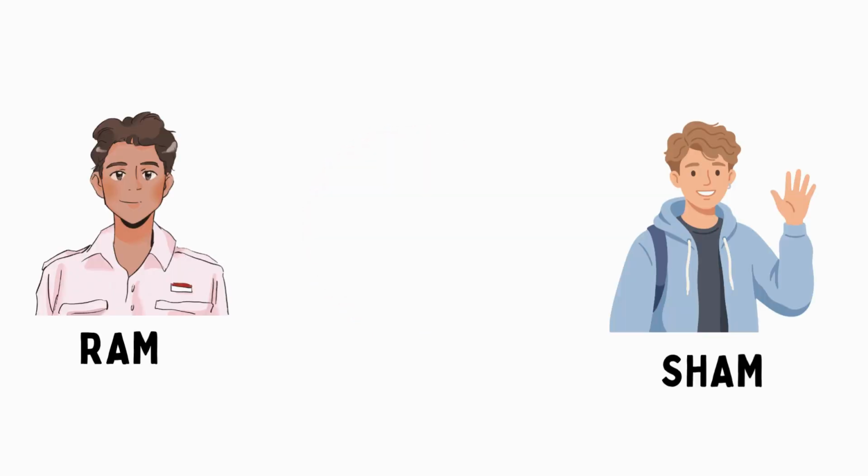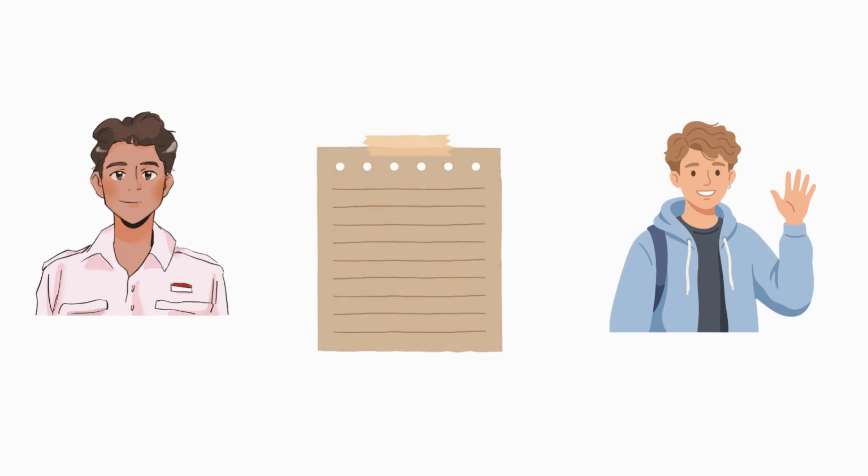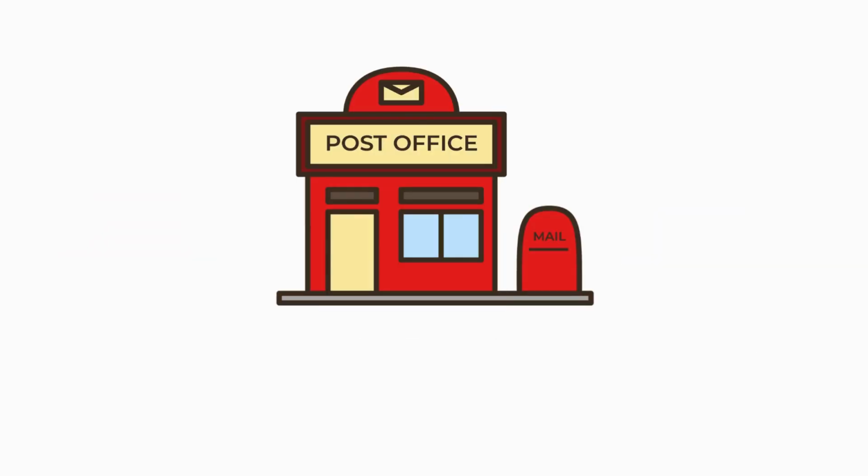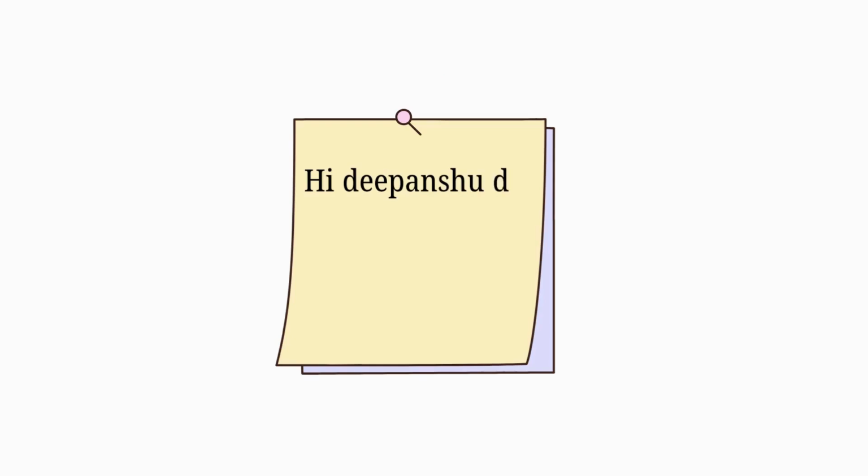Imagine Ram wants to send a message to Sam using postal mail. He writes his message on a piece of paper and puts it into an envelope. On the letter he writes his address as sender and Sam's address as receiver.